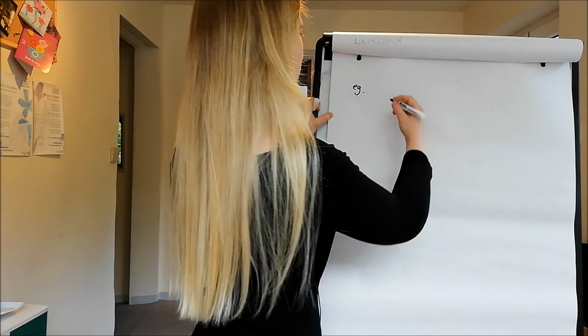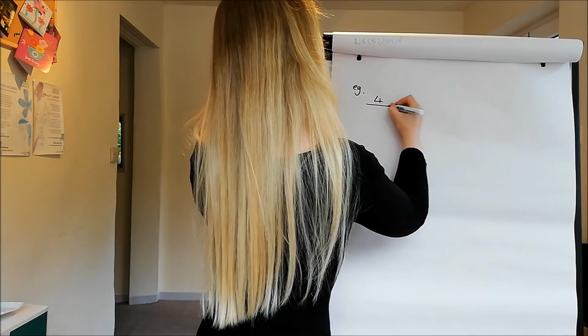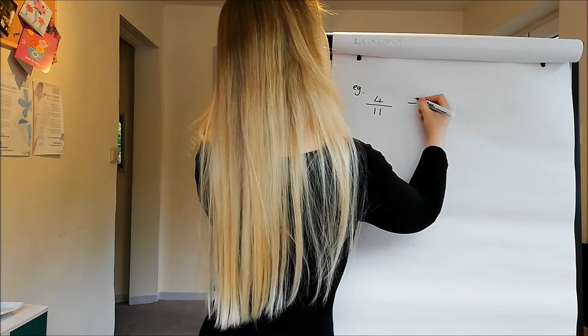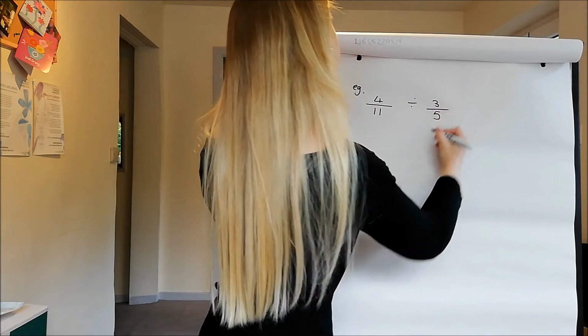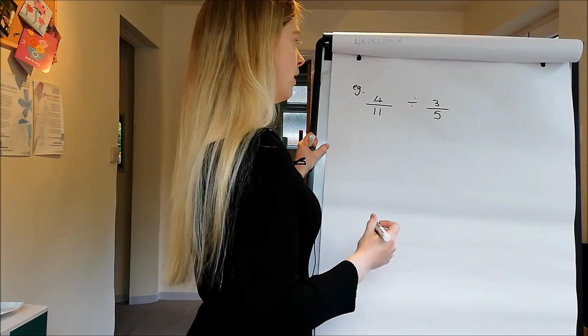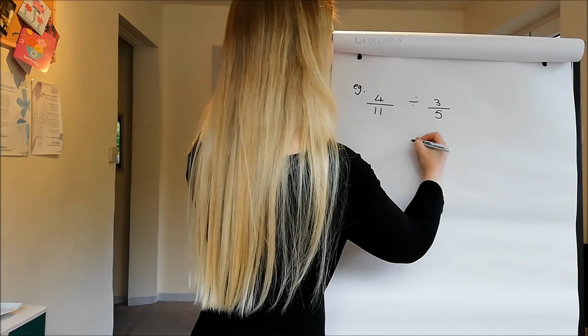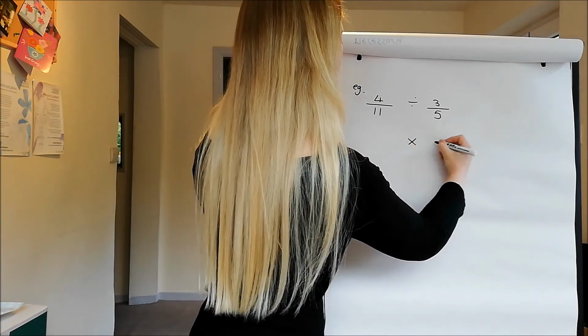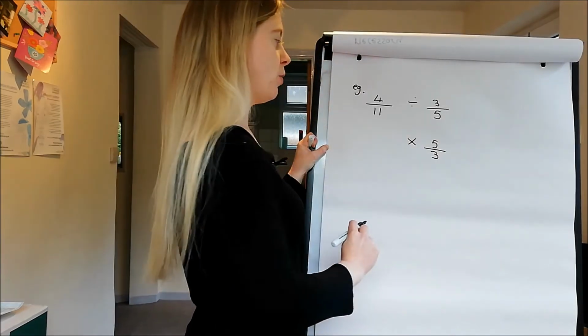So if we have, e.g., 4/11 divided by 3/5. And then our instruction said change the divide to a times and flip the second, by which I mean turn it upside down.